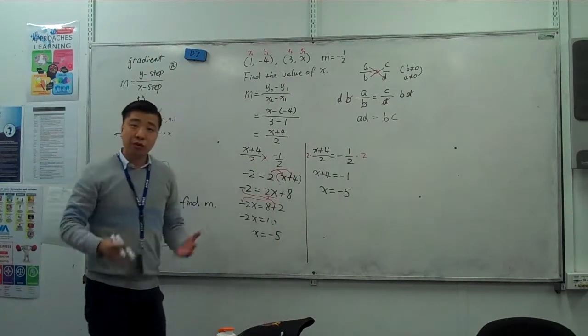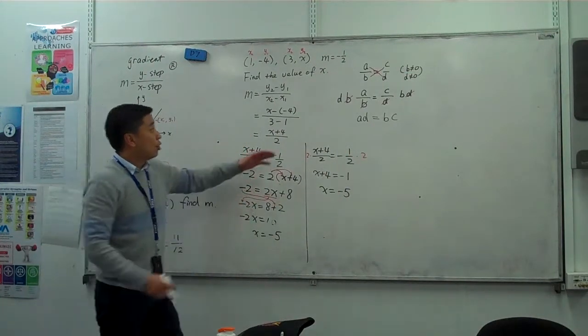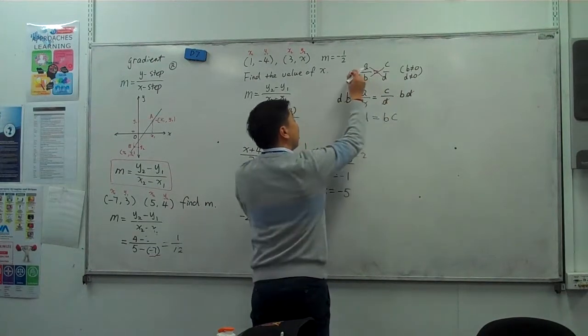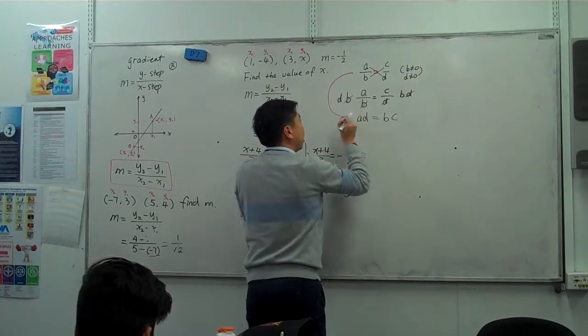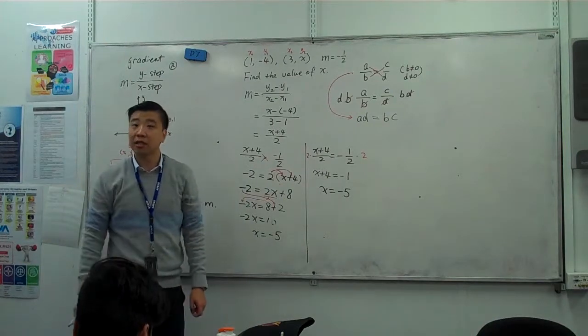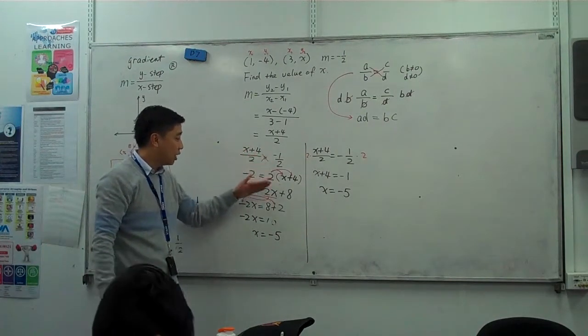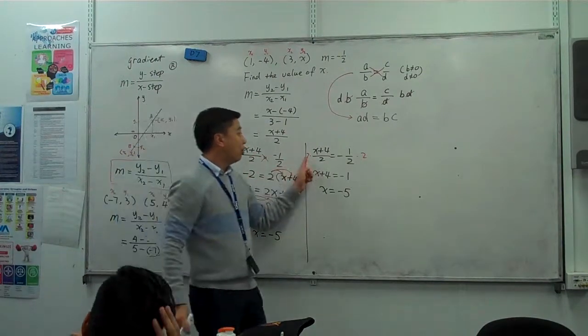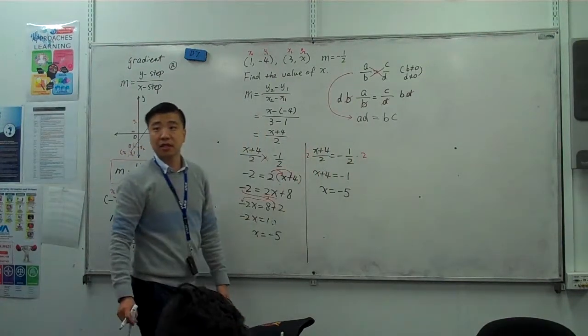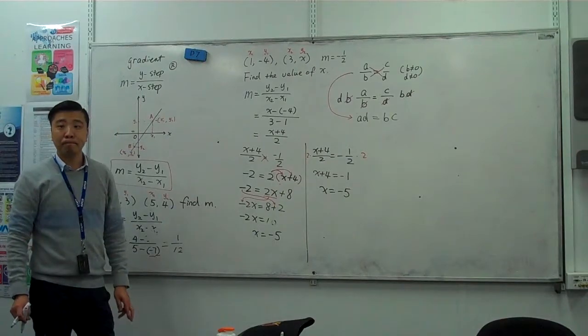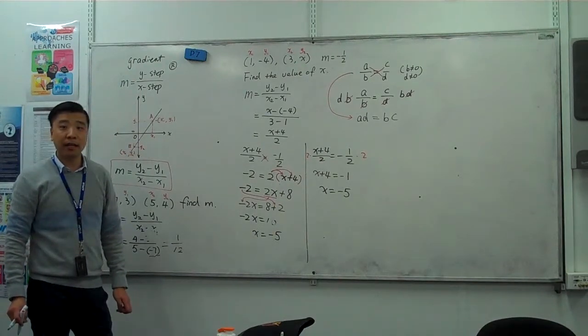So in the real questions, we don't do this calculation. We start from this step and do this cross multiplication straight away. That will be easier. Okay, we can do cross multiplication, expanding like that, or you times the denominator on both sides. Okay, any other questions?